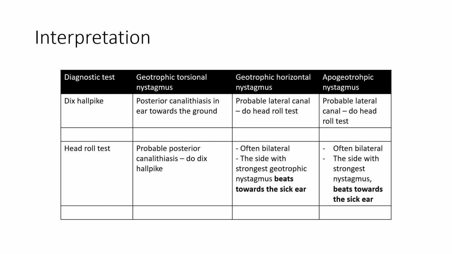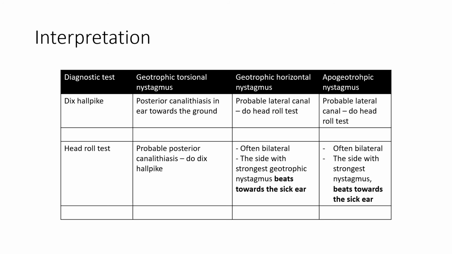If you have a geotropic nystagmus, usually this would be bilateral in the canalithiasis of the lateral semicircular canal, and when it's bilateral, then it's kind of hard to distinguish which ear it is, but as a rule of thumb, they would usually say that the most symptomatic side will be the ear that is sick.